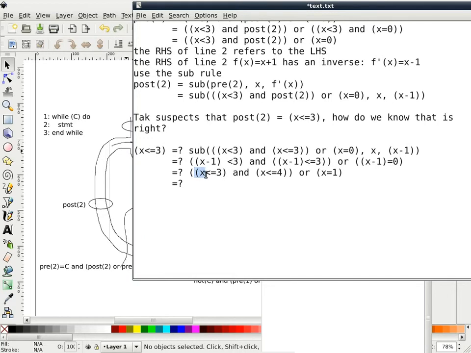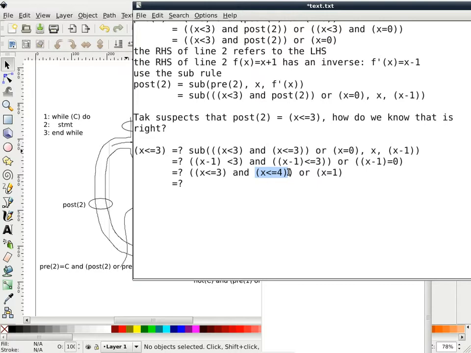The first question is, if you look at this item here and this item here, do you think one implies the other one? They seem similar enough that we can think one can imply the other. Which one implies which one? x is less than or equal to 3 implies x is less than or equal to 4, but not the other way around, okay?